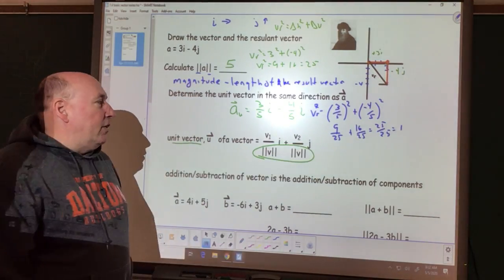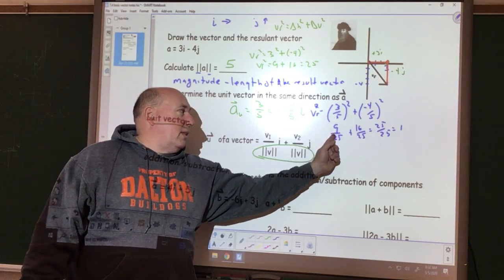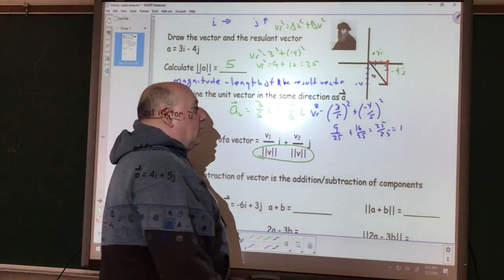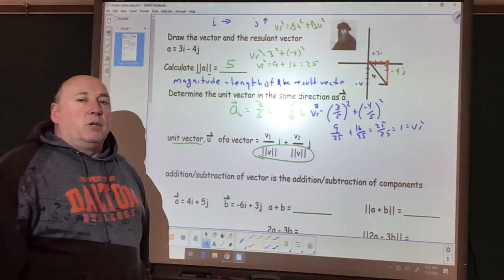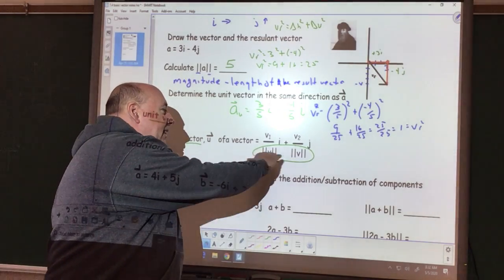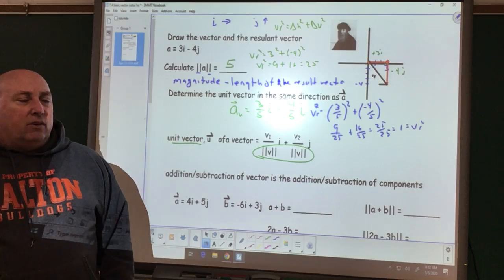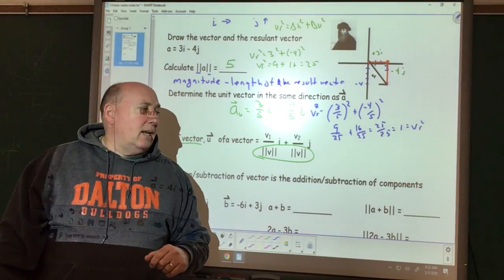So our resultant vector squared is equal to this squared plus this squared, using our good old buddy Pythagoras. So VR squared is equal to 1, or VR is equal to 1. So by dividing by the magnitude of the vector, we can create a unit vector in the exact same direction.